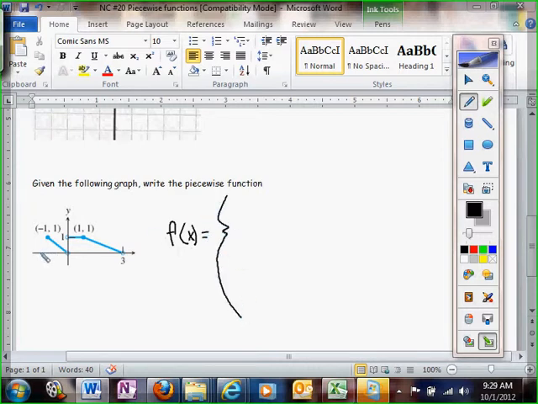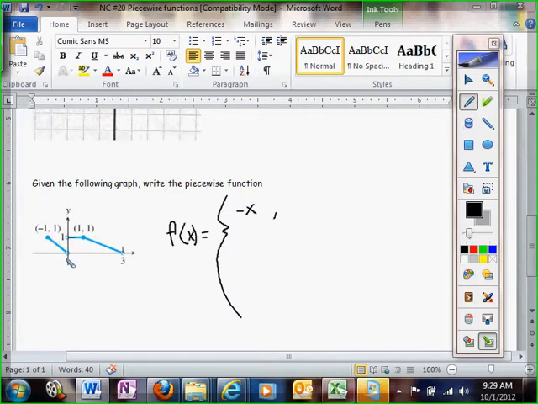So if I look over here from the far left, I always want to read from left to right. Looks like we have this point at negative 1, 1, and it looks to be linear and it goes straight down to the origin. Hopefully you can see that this piece of the function here is just negative x. And that domain is from when x is greater than or equal to negative 1, because I have a filled in dot here.